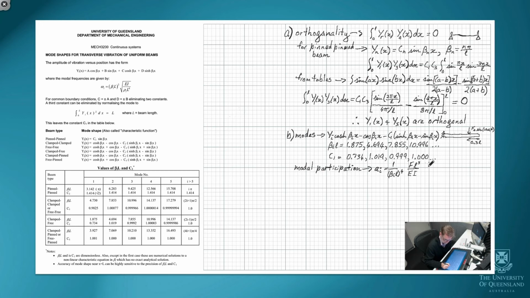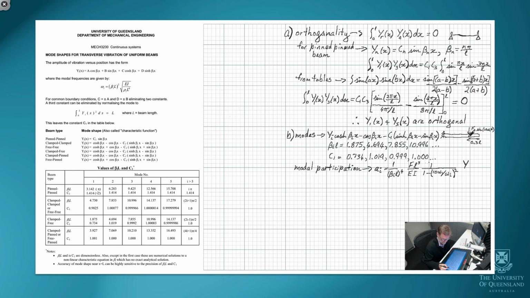So multiply that. Actually, we'll use the resonance term first. So this gives us a factor depending upon how close the forcing frequency is, which is 10 omega 1 divided by omega i, squared, and then we multiply that by the mode shape as well.